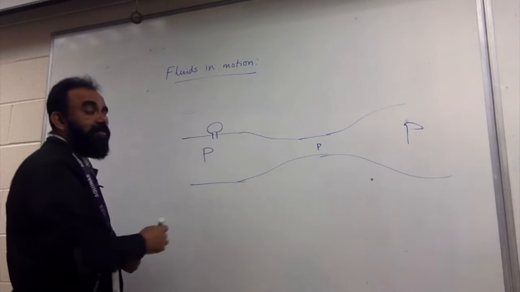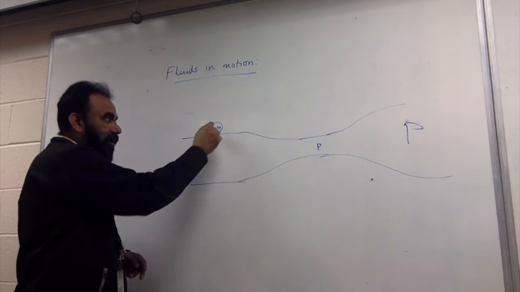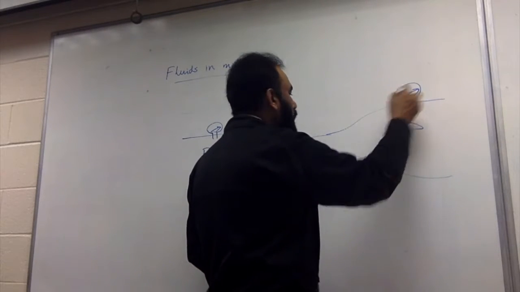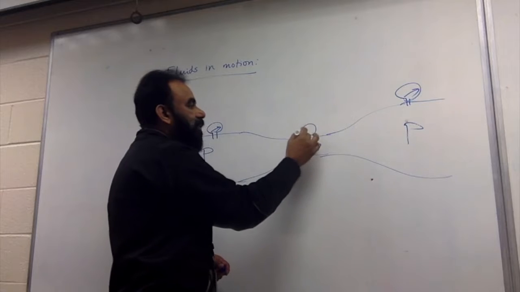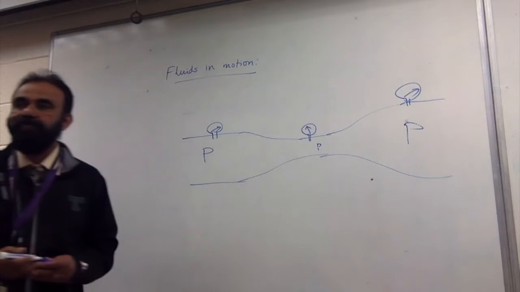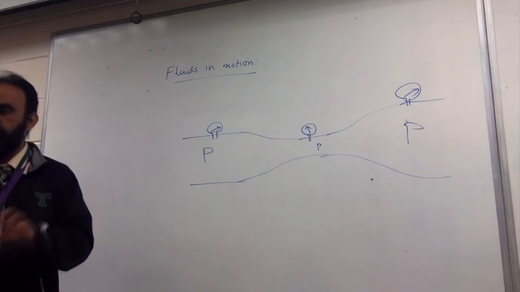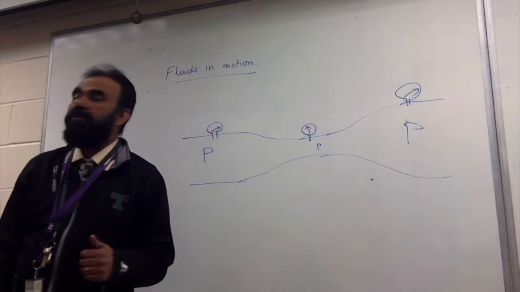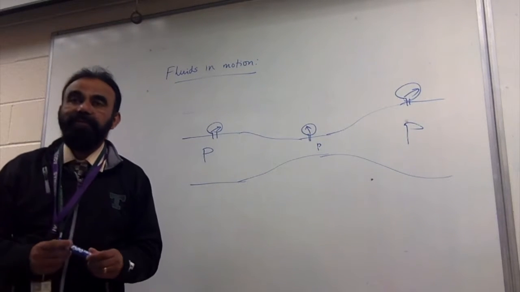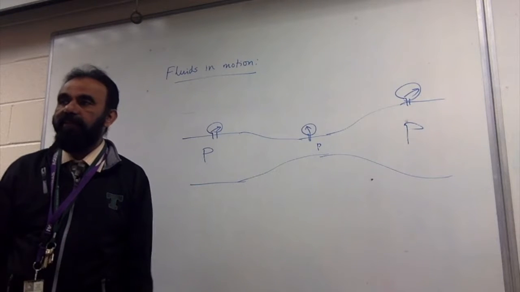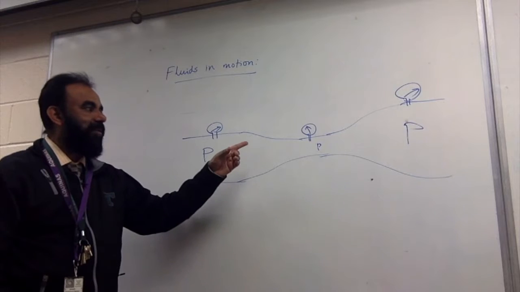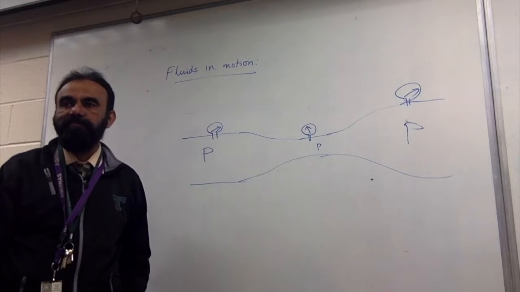If I connect a pressure gauge here, it will show high pressure. If I connect a pressure gauge here, it will show high pressure. But if I connect a pressure gauge here, it will show lower pressure. And this is the idea behind airspeed indicators. When a plane is flying, the airspeed is measured by a system like this.